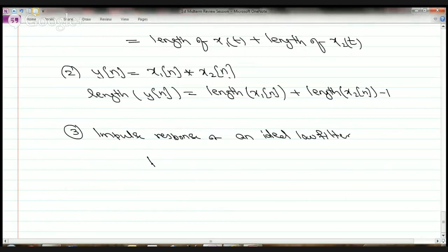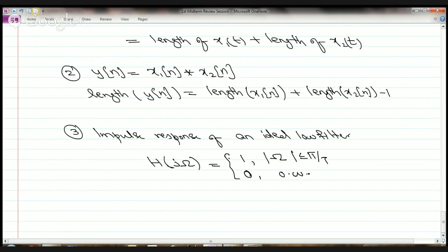If you are given a Fourier transform H of j omega equal to 1 for omega less than or equal to pi by T, and 0 otherwise, you can replace pi by T by omega c.